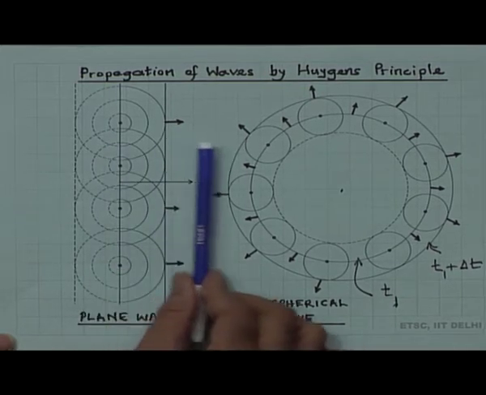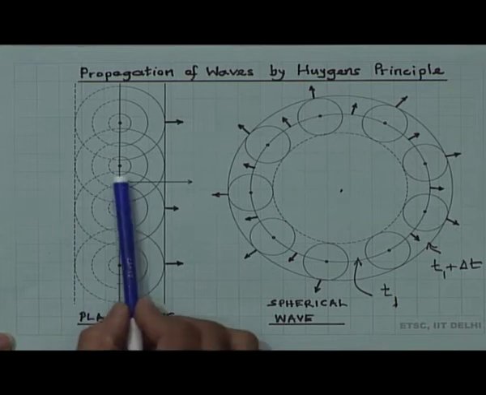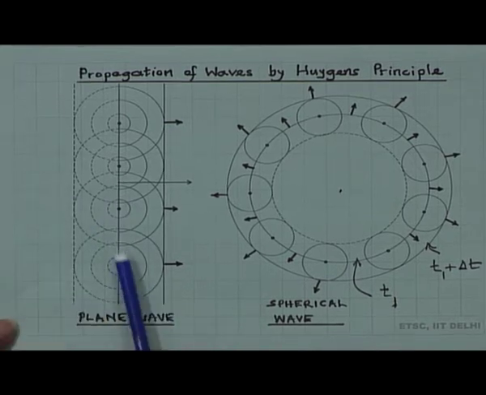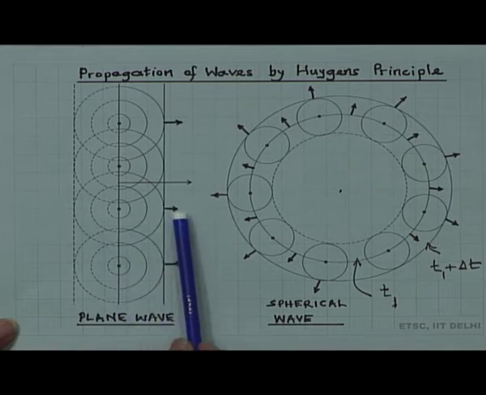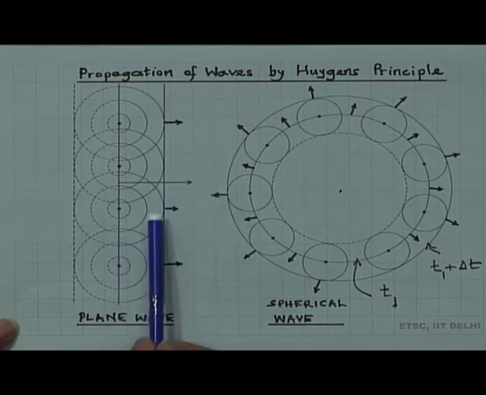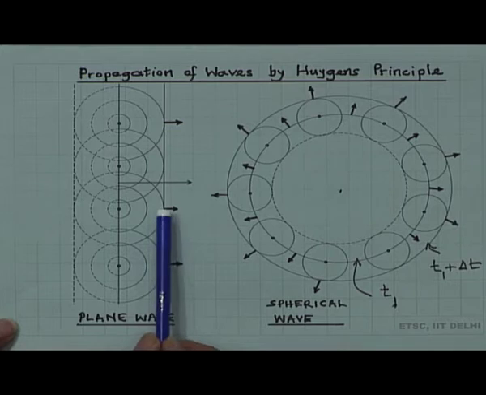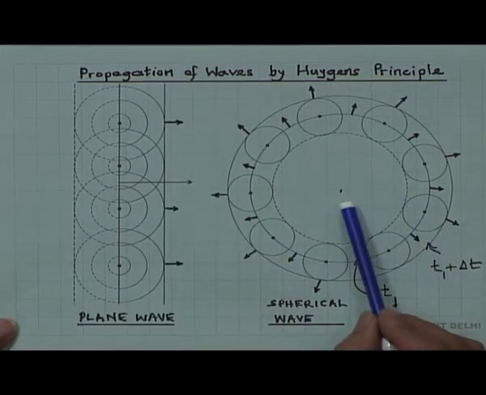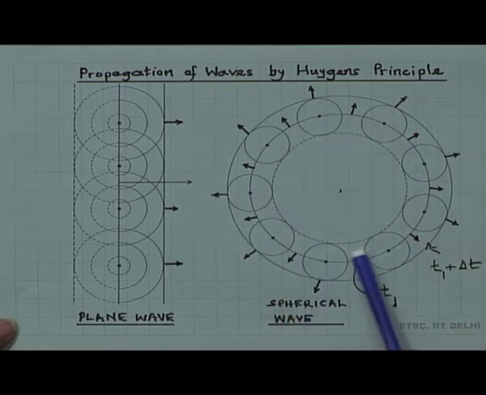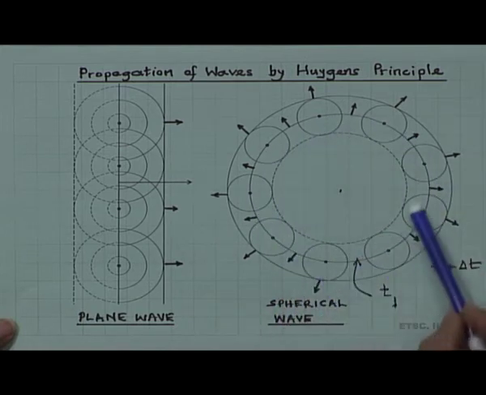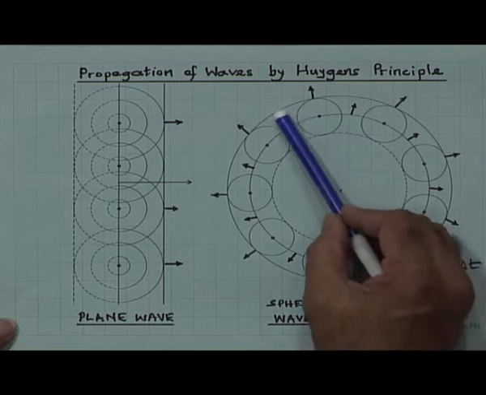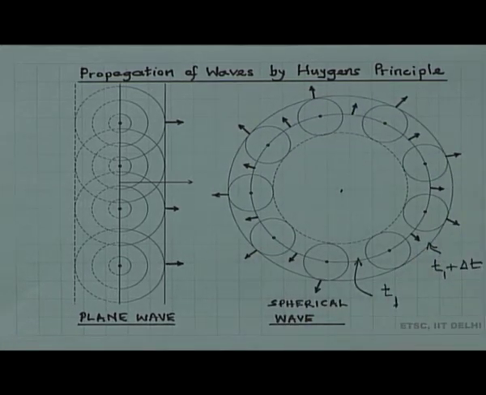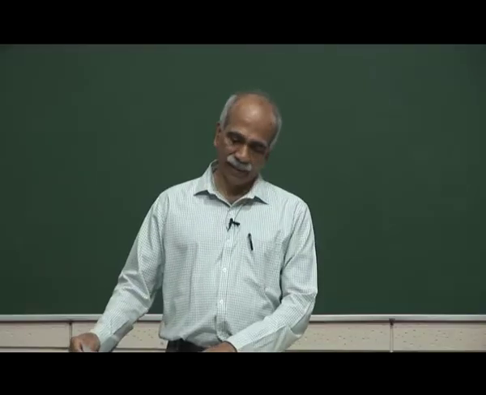So, plane wave propagation in this direction. These are shown as dotted because they are not to be considered in this direction. In the direction of k, the amplitude of the wave is present only at the tangent, that is Huygens assumption. Here we can see this is the original spherical wave, and at a later time delta t we have the new wave which is tangent to all the secondary wavelets.